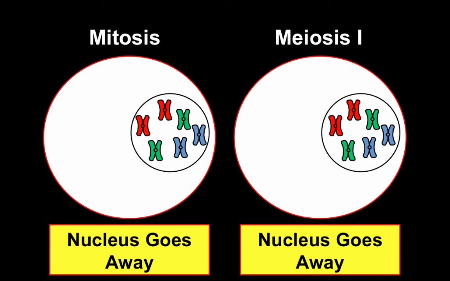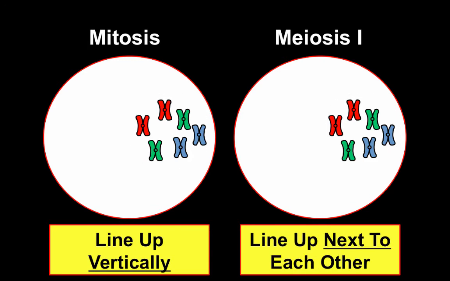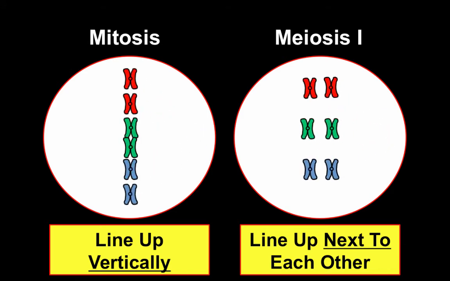Now the first step, the nucleus is going to go away. And now this is the real important step right here. In mitosis, all the chromosomes line up vertically. That way one sister chromatid can go to either side and we can make a clone. In meiosis, they line up next to each other.